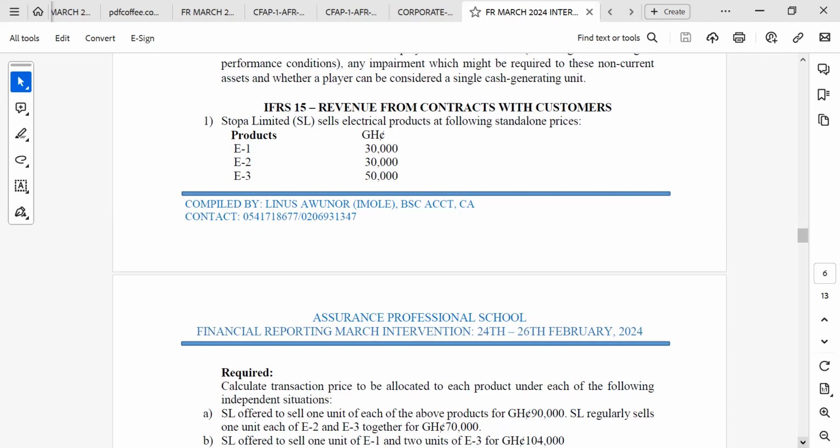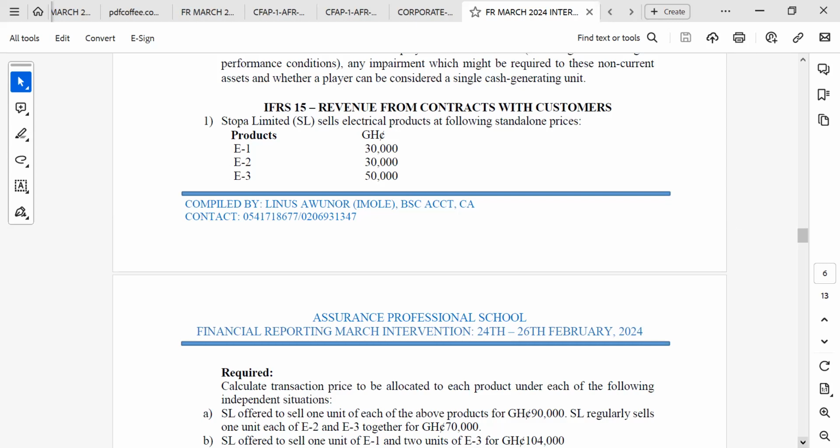Although it is a construction contract, if the company has no right to additional consideration, you cannot recognize revenue over time. You can only recognize revenue up to the upfront payment that you have received. In that particular case, you will assume that the revenue is recognized at a point in time.